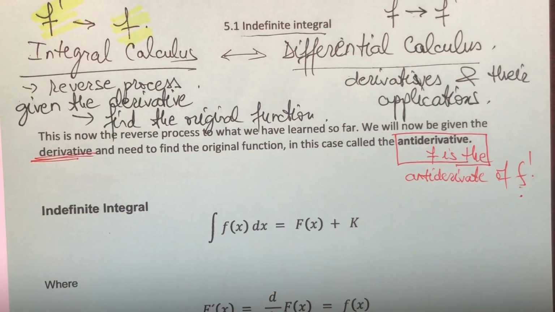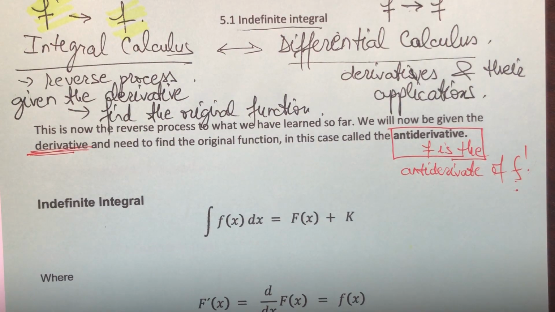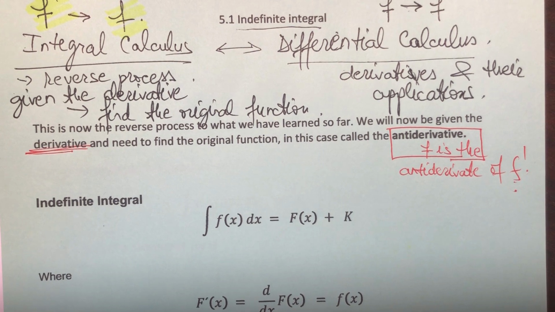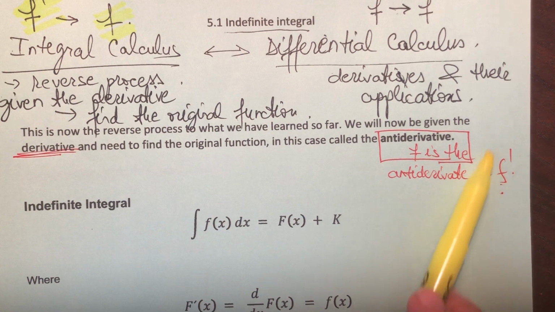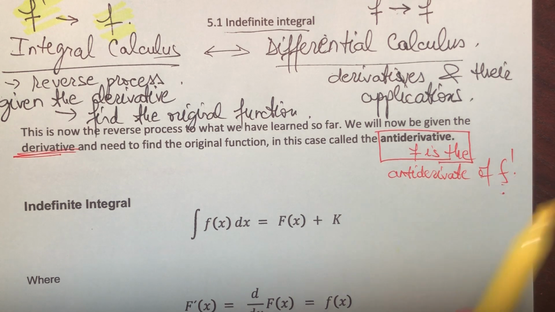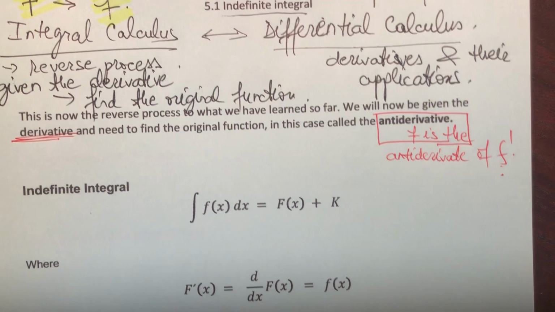The name for it is an indefinite integral. That's the notation. So basically it's like, here's a function, find the derivative. All we had to do is put this little prime symbol on f, and then you knew what you were asked to do.